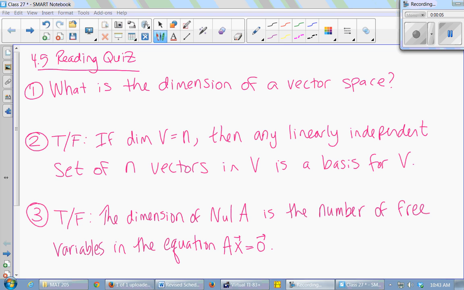Yeah, but how do you define it? What's its definition? Number of vectors in the basis. Span of the basis? No, that's the whole vector space, not its dimension.